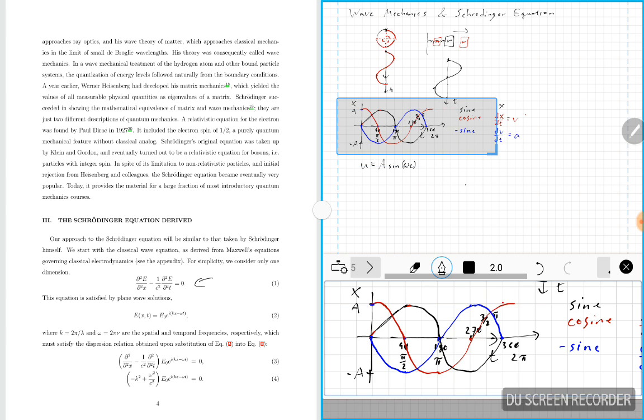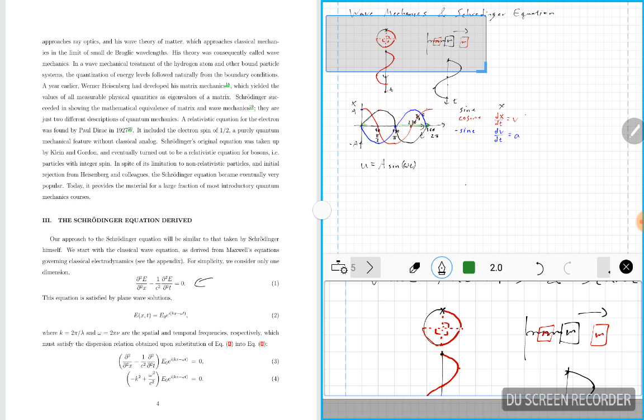My frequency comes from, if I look at any part here, let's look at our original position, the one in black. Here I'm rising through 0, here I'm rising through 0. The time it takes to go there, from 0 to 360 degrees, will be the time it takes to go here and around a circle, 2 pi.